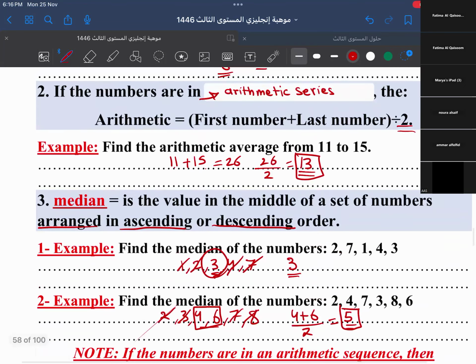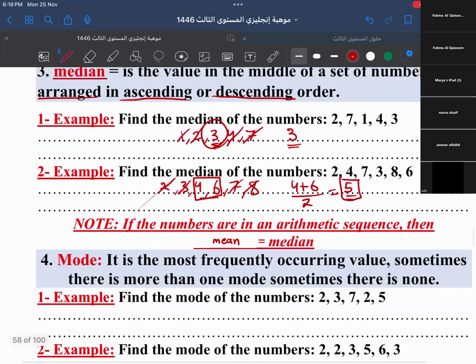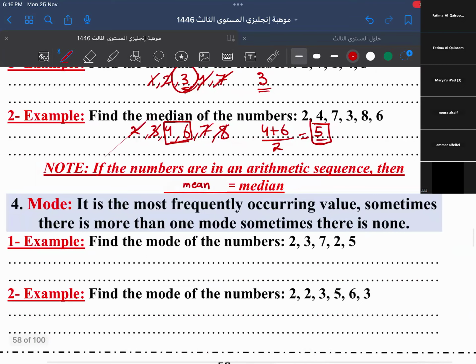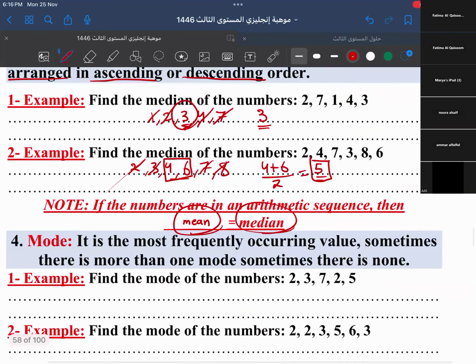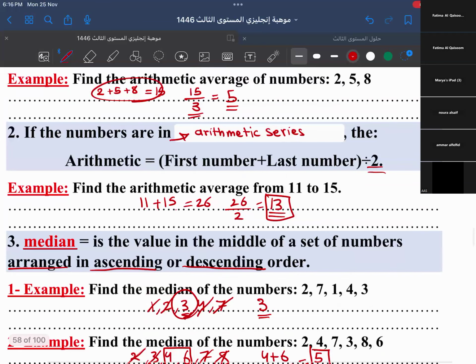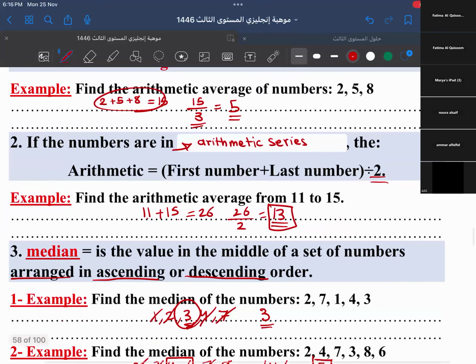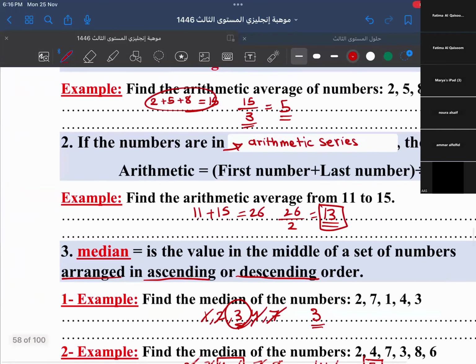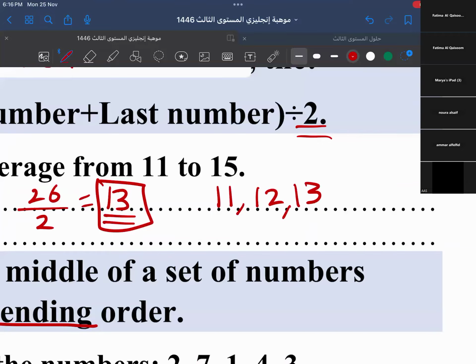We knew how to find the mean. Here, there is a note telling us that if the numbers are in arithmetic sequence, then the mean will equal the median. So in this example, I wrote 11, 12, 13, 14, and 15.